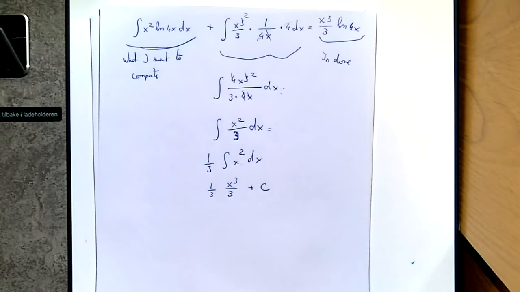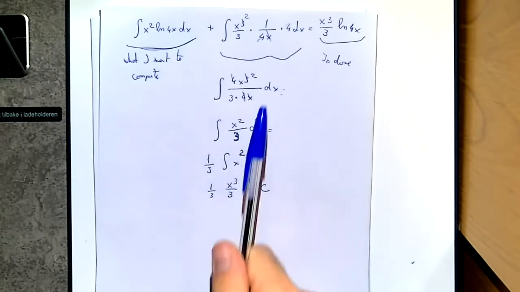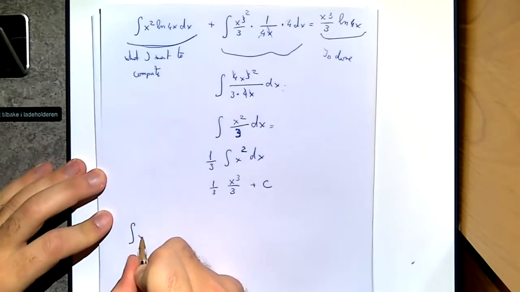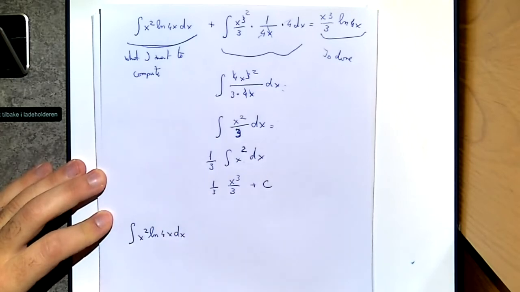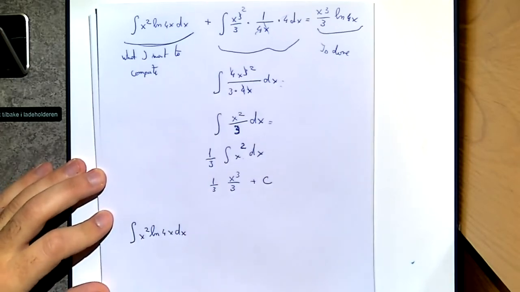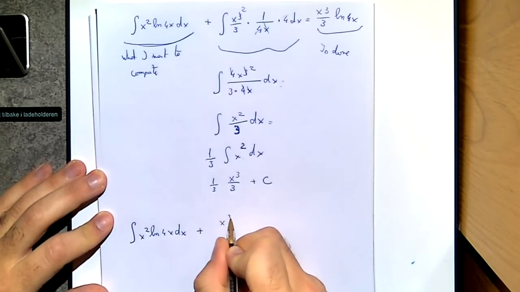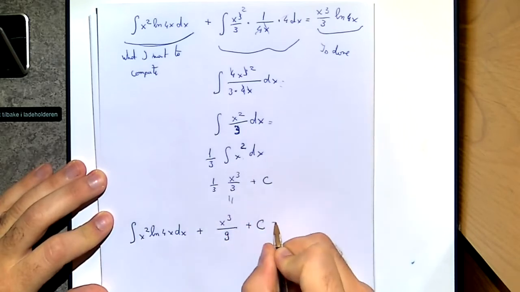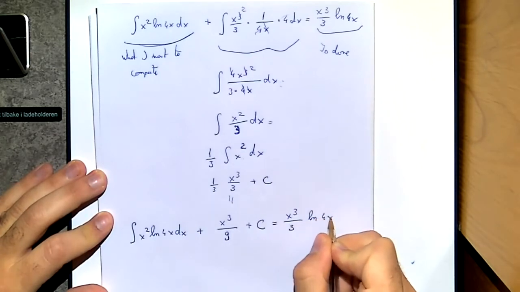Now, this is what I want to compute. This is done, and I've gotten this for the thing in the middle. So what is my answer? My answer is: the integral of x squared log of 4x dx, replacing this thing, x to the third over 9 plus a constant, is equal to x to the third over 3 log of 4x.